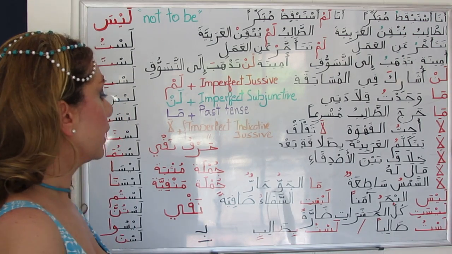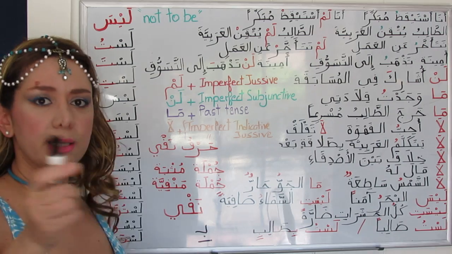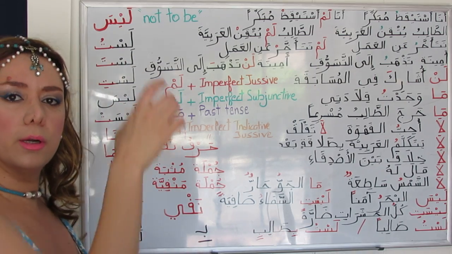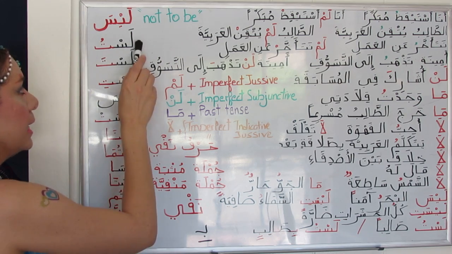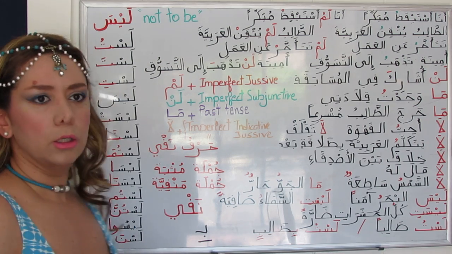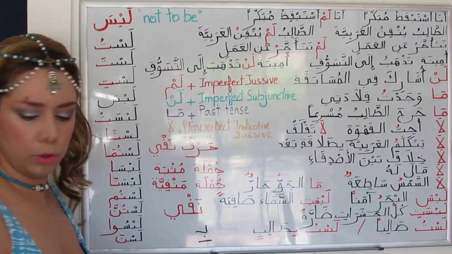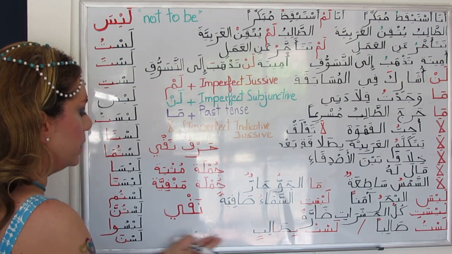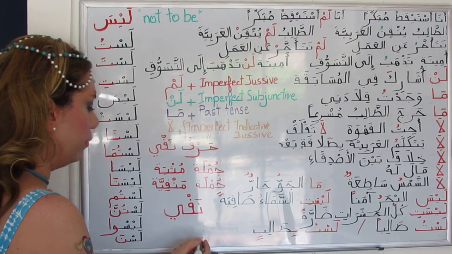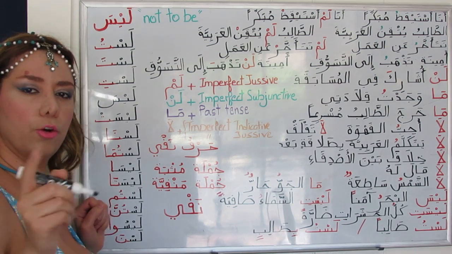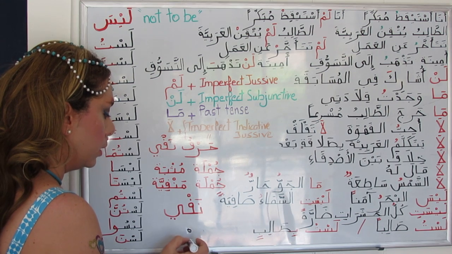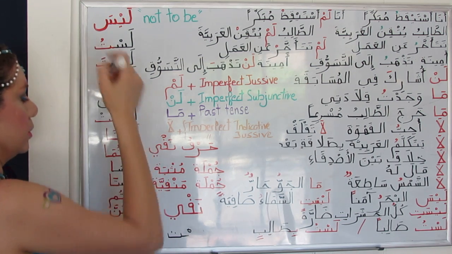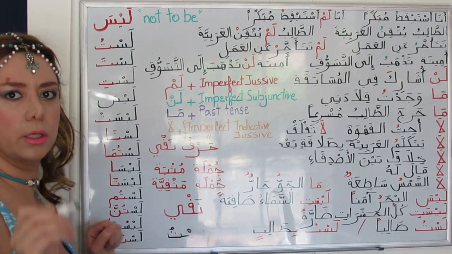So first let's conjugate it. This is the only conjugation for laysa. Lestu. Normally, to conjugate it in the past tense, the last radical of the verb will have sukun followed by the suffix ta for the first person singular.